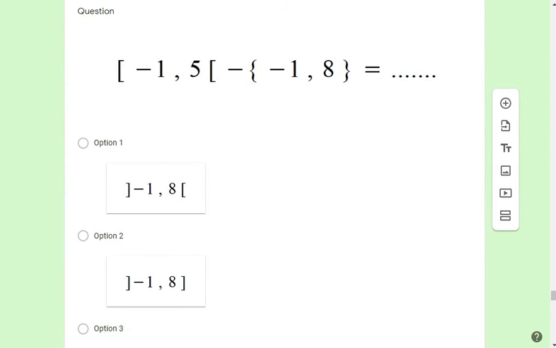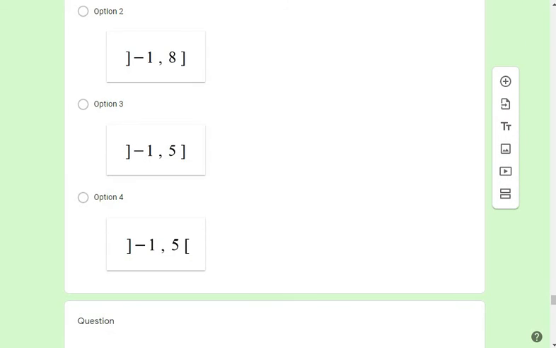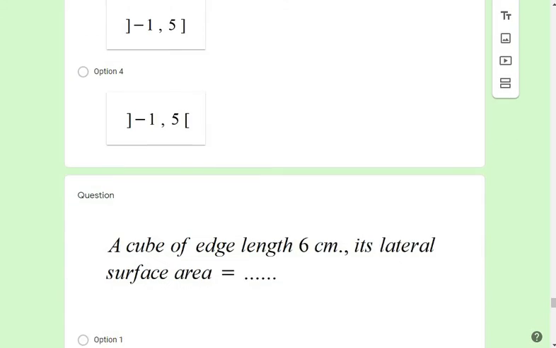The next, semi-closed interval negative 1 and 5, difference, the set of negative 1 and 8 equals what? Choose one of the following answers: open interval negative 1 and 8, semi-open interval negative 1 and 8, semi-open interval negative 1 and 5, or open interval negative 1 and 5.